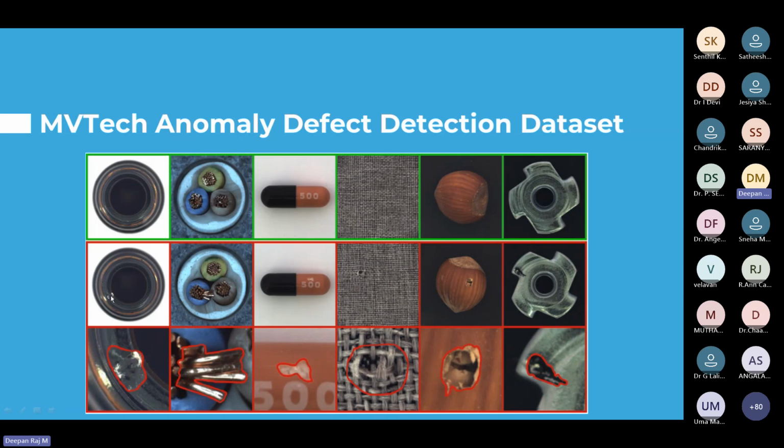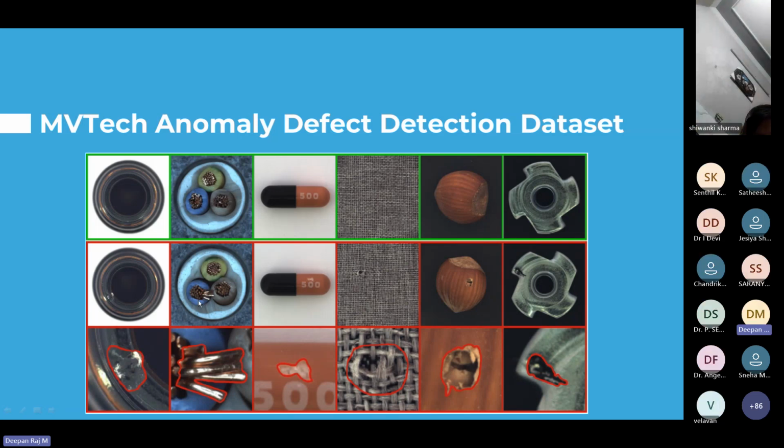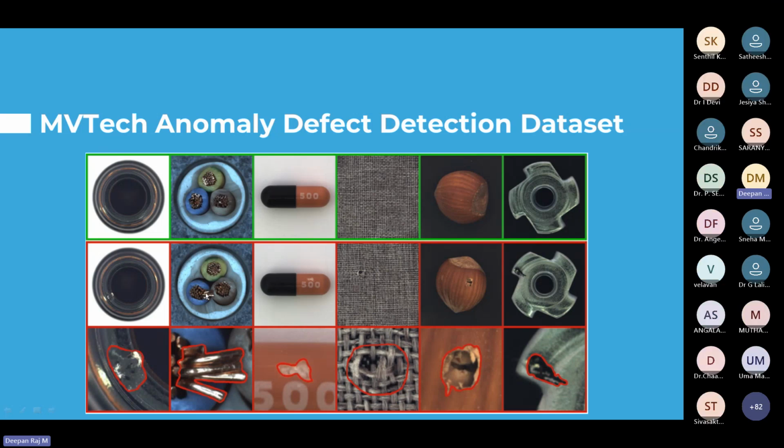You can see the defect here, right? There's a small defect here, and here the additional wire cuts or bare wires are present, and in the tablet there's a small scratch, and in the cloth there's a small hole. Likewise, you have defects in every one of these elements.